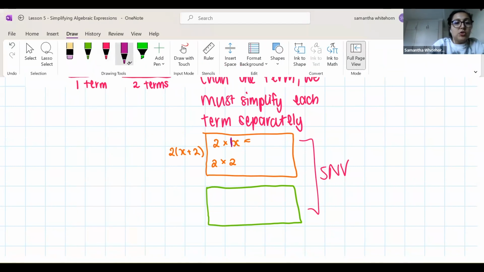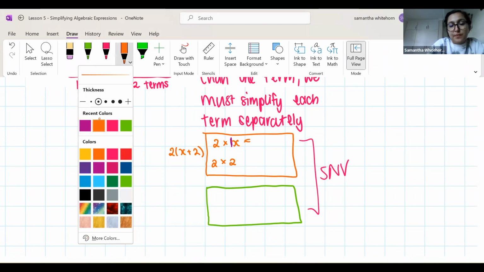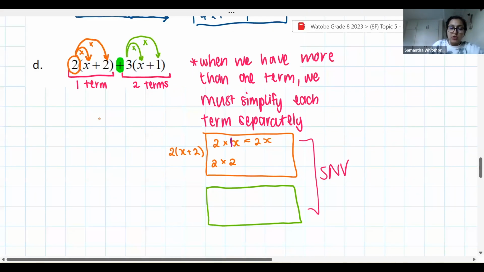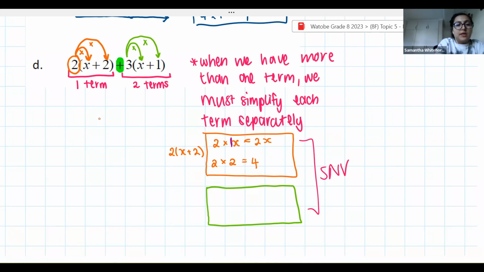So we've got 2 times 1, which is 2, and then we've got the x there. So 2 times x is 2x. Then we've got positive 2 times positive 2. Positive times a positive is a positive. 2 times 2 is 4. I've got no variables there, so it's just 4. So from my first bracket, I've got 2x plus 4.